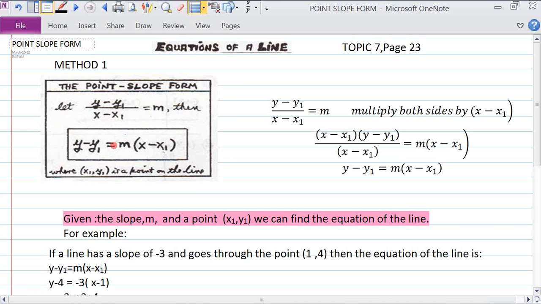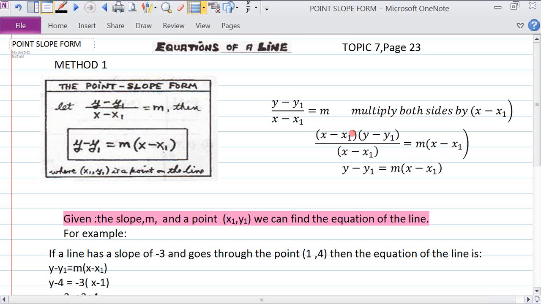So this and this are the same. How do we do that? Well, we start with this equation here. Then to get rid of the denominator, we multiply both sides by x minus x1. So we multiply the left side by this, and we multiply the right side by that. And that's what I've done right over here.